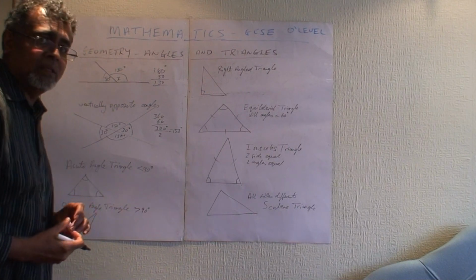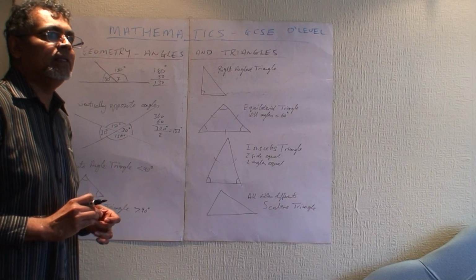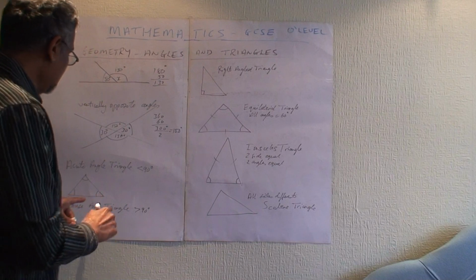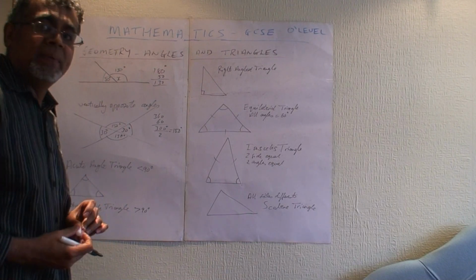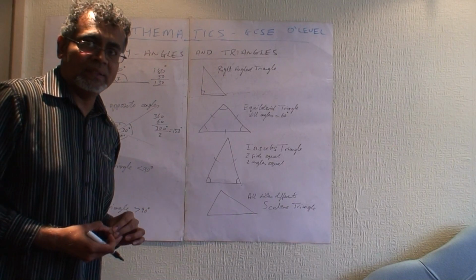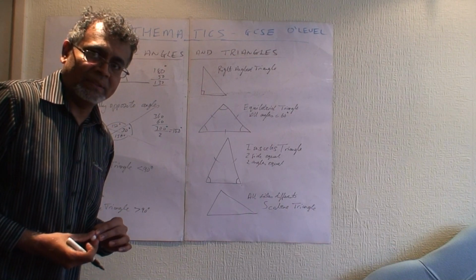We talked about that in our previous video. An angle less than 90 degrees is known as an acute angle. This is known as an acute angle triangle because all of the angles are less than 90 degrees.